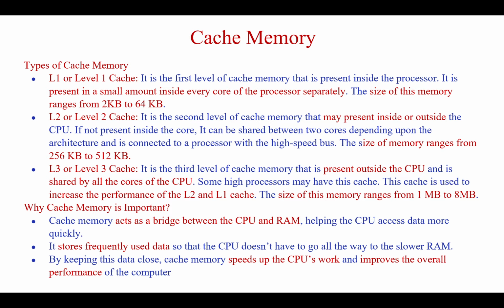As I said already, it acts as a bridge between the CPU and your main memory, the RAM, to reduce the CPU access time. It stores frequently used data so that the CPU need not go and refer to the RAM once again. The main idea is to speed up the CPU's work and improve the overall performance of the computer.